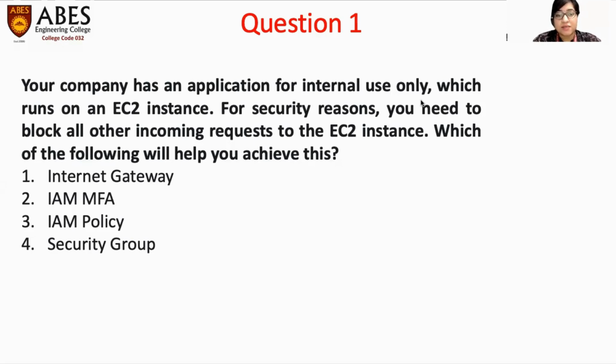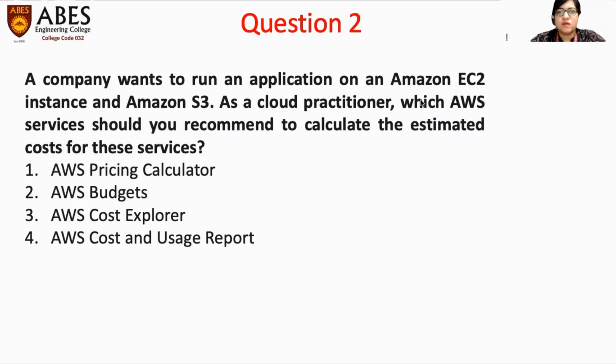Overall, to block all other incoming requests, you would configure the security group associated with your EC2 instance to only allow the specific inbound traffic that is required for the application's internal use. Therefore, the correct choice to achieve the goal of blocking all other incoming requests to the EC2 instance is security group. Let's move further. Next question.